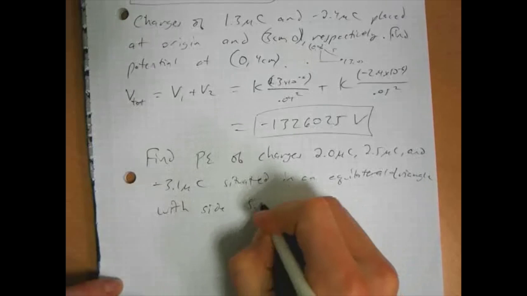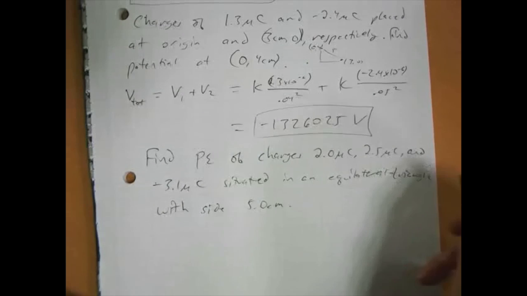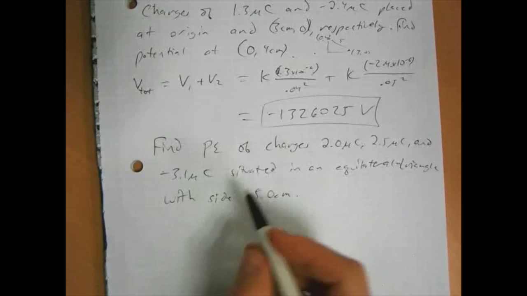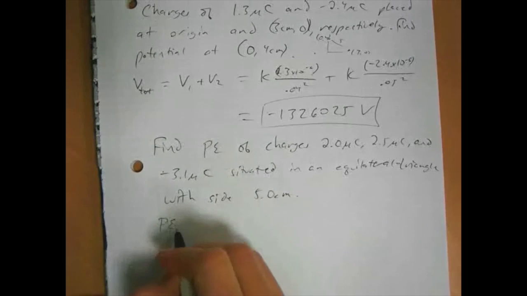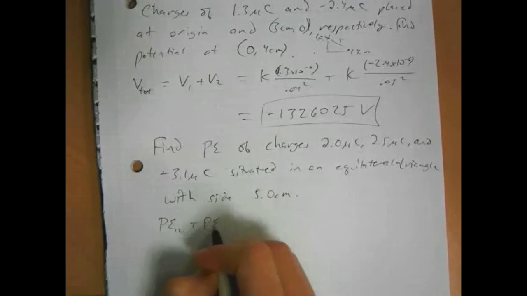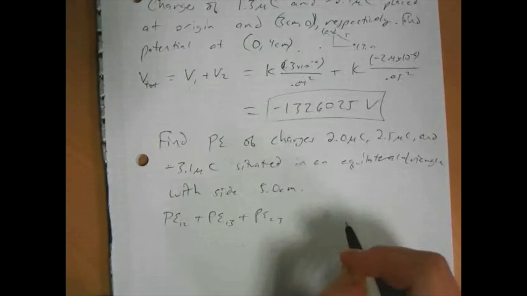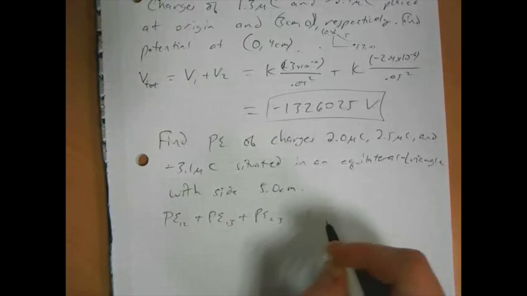We can do this. If we want to find the total potential energy of an arrangement, it's the potential energy of each pair of point charges all added up. So we can just punch that in.